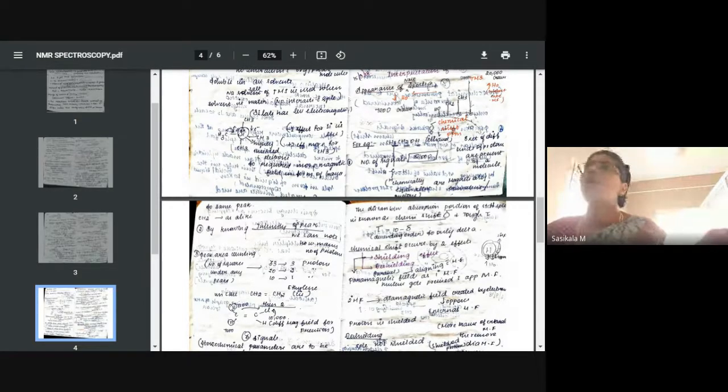Mostly all the protons will lie between 0 and 10 parts per million. For proton NMR it will be in tens, whereas for carbon 13 NMR it will be in hundreds. So that is the difference in chemical shift value, and this is the measurement parameter in the NMR spectrum.